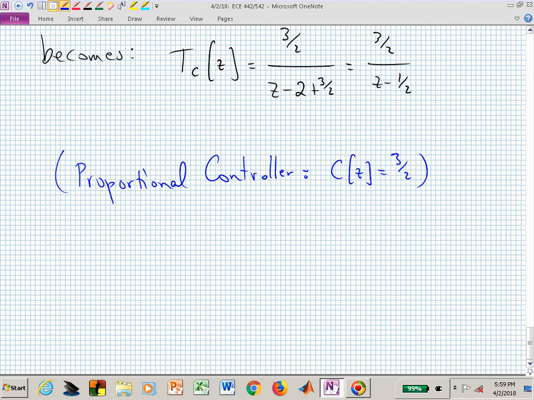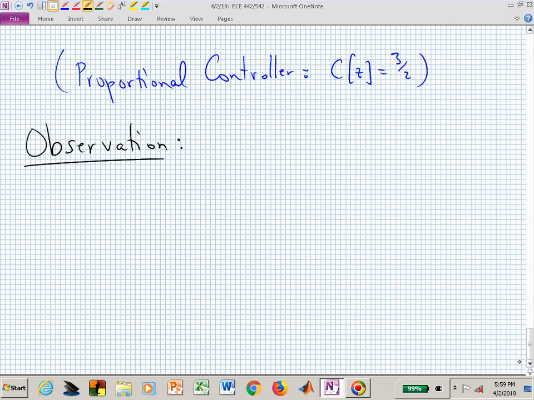So for a constant controller, a controller of 1.5, we now have stabilized this unstable system. Let's make some observations relative to this proportional controller, this P controller.